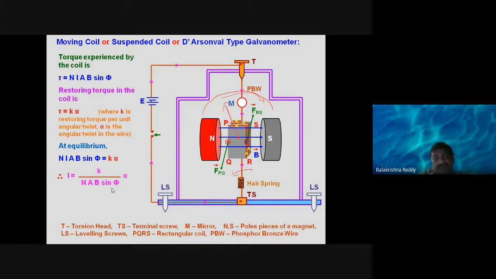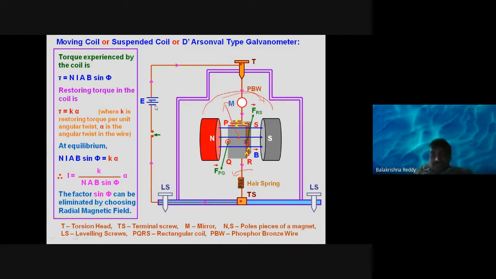Area of the coil remains the same. Number of turns remains the same. Who is the changing one? The game changer here is the angular twist, the alpha. So when you take all this as a constant by giving some letter, then I equal to that letter into alpha, we will write it.